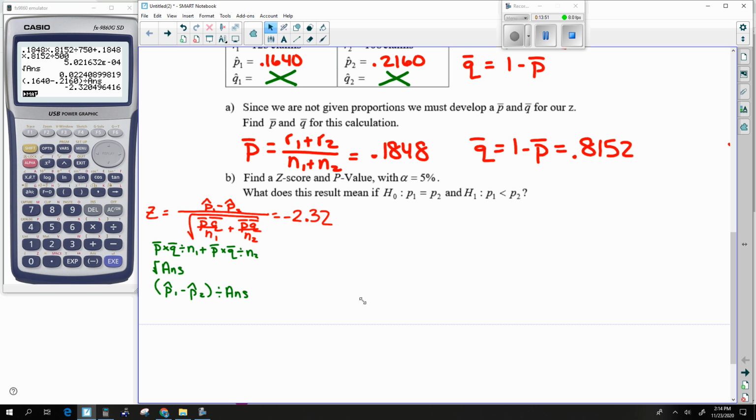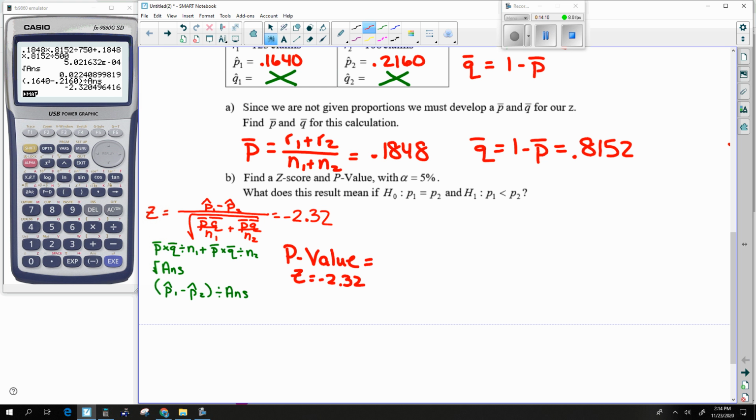Next comes the p-value of this. The p-value is going to be built upon a z of negative 2.32. Remember, you would always look it up as a negative no matter what.